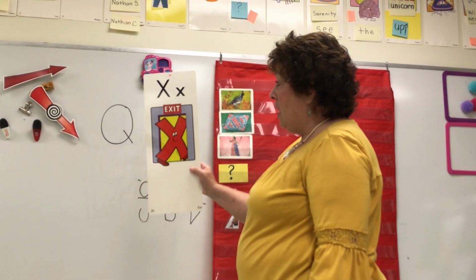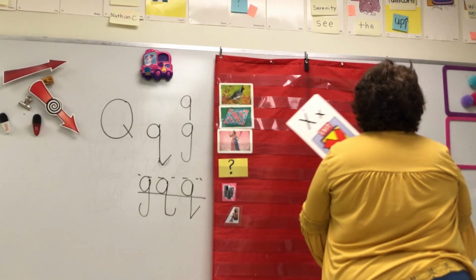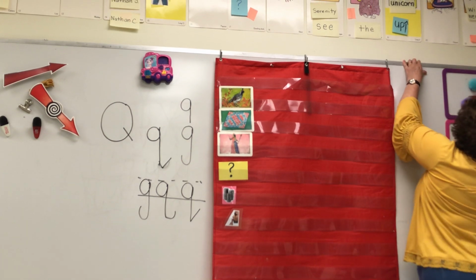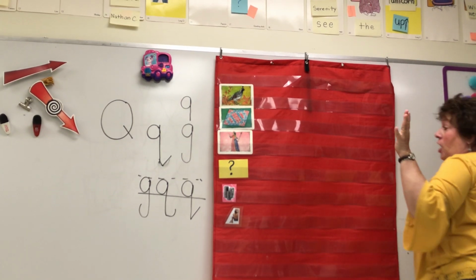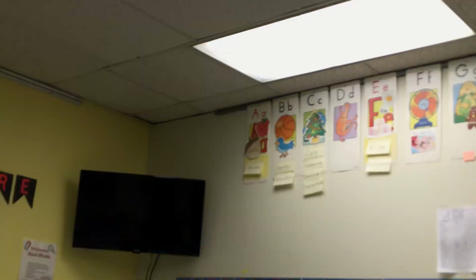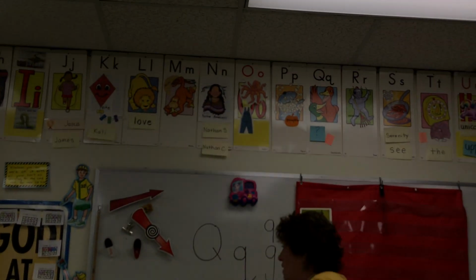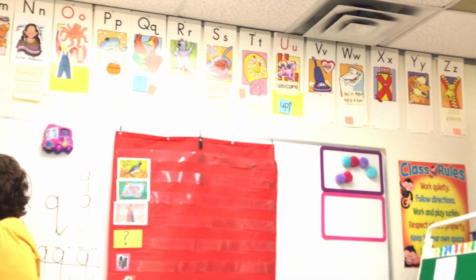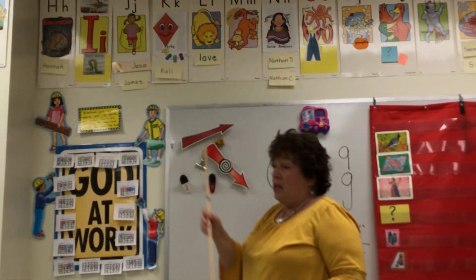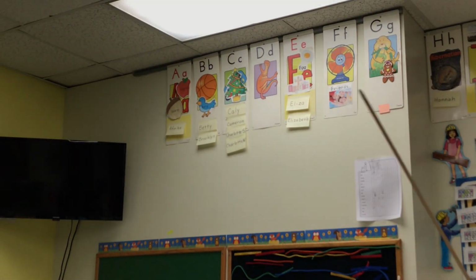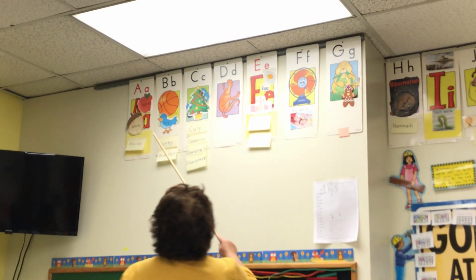Okay, so there's X, and there's O, and that means we flipped all of our cards. We made it through the whole alphabet. Let's say the ABC song with me as I point to the letters. Can you stay with me, Mrs. Weber? Here we go.